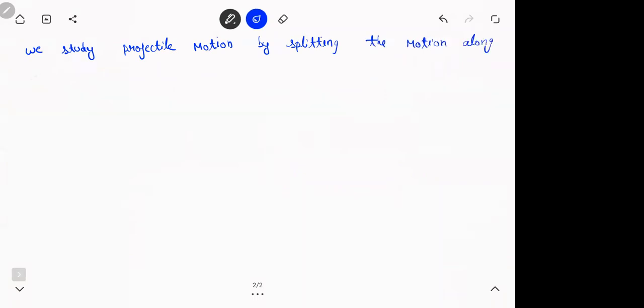So how do we handle this thing? If you're throwing at an angle, what do we do? We study projectile motion by splitting the motion along two perpendicular directions and studying them independently.